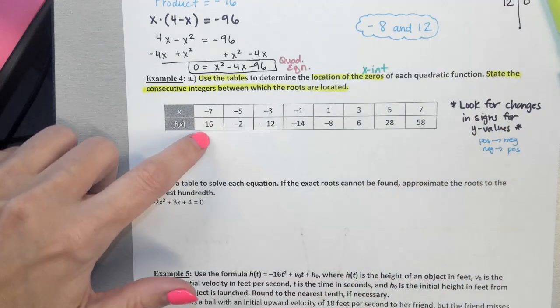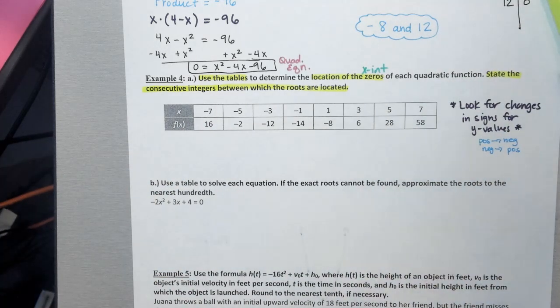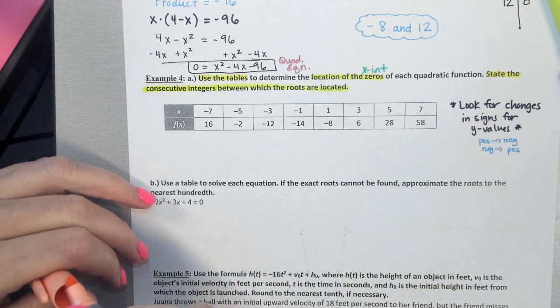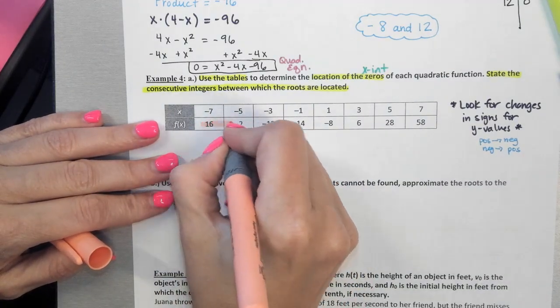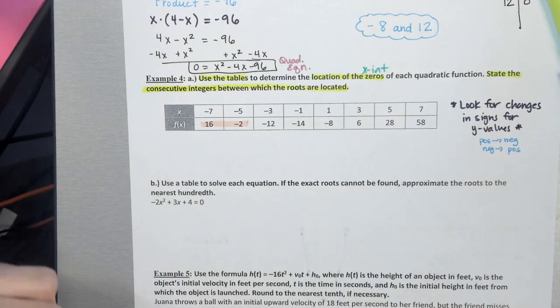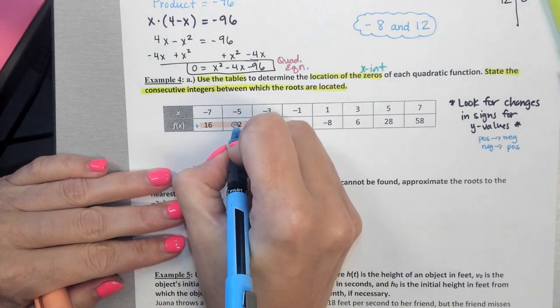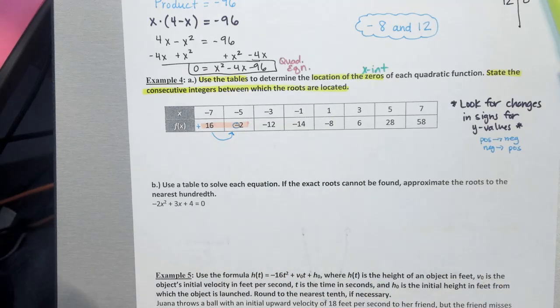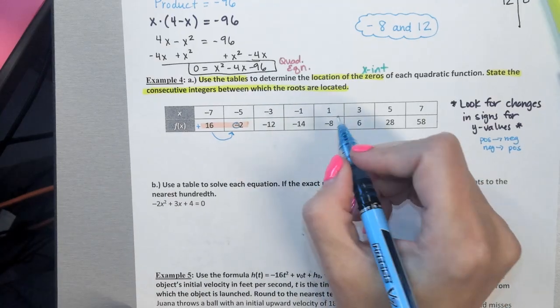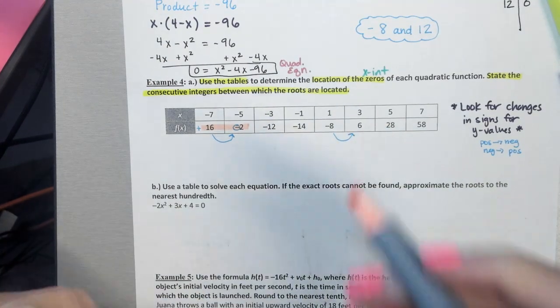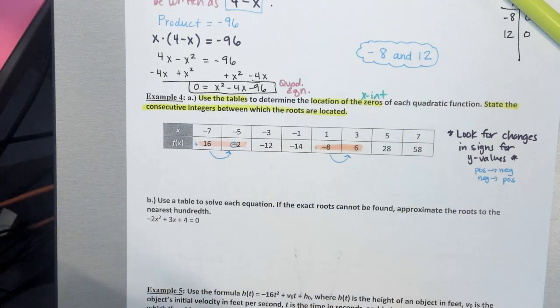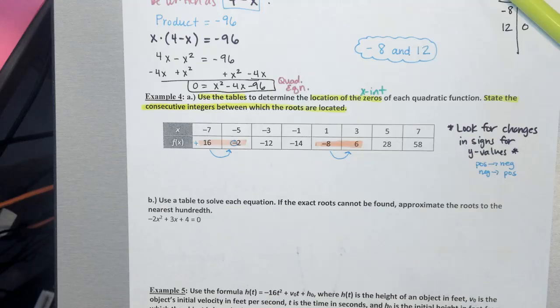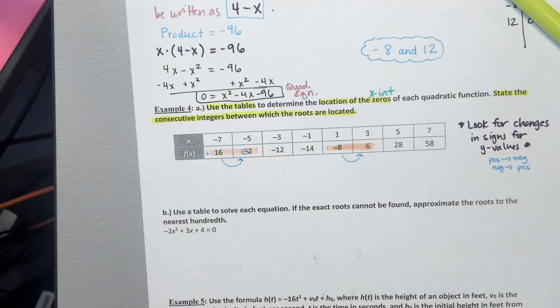Okay, so here we have 16 to negative 2. Okay, so it changes from a positive to a negative. Okay, and then where's the second one? Okay, so it says determine the x-intercept, so the integers between which the roots are located are going to be your x values.